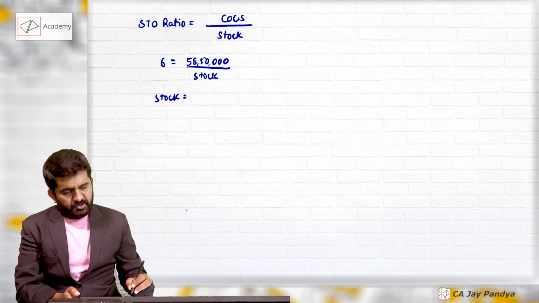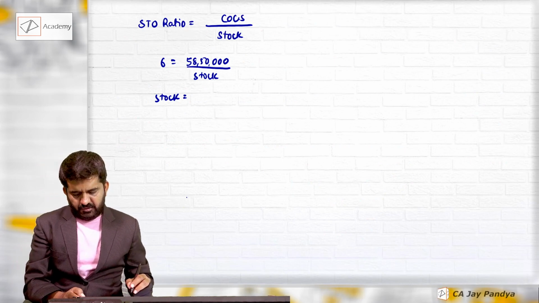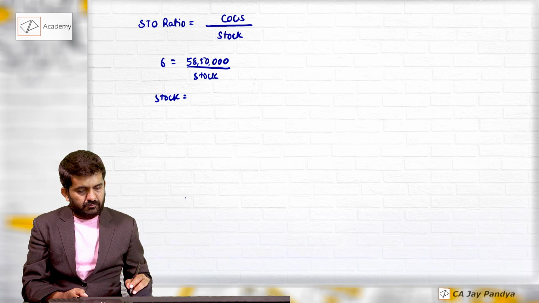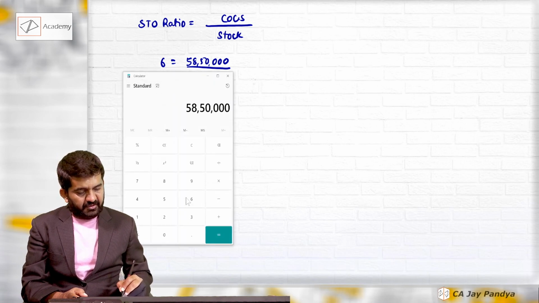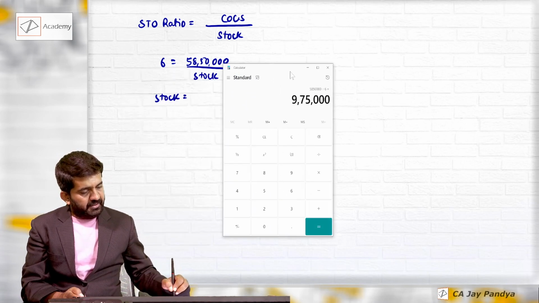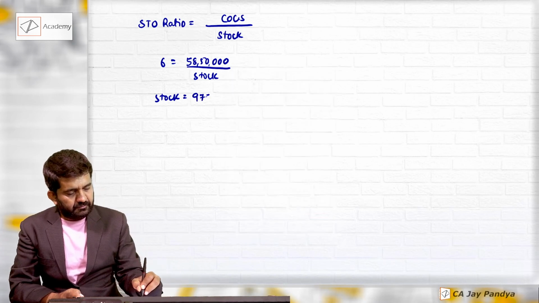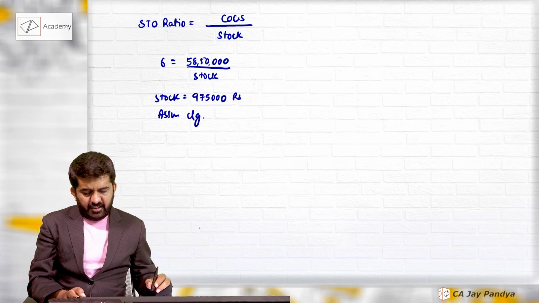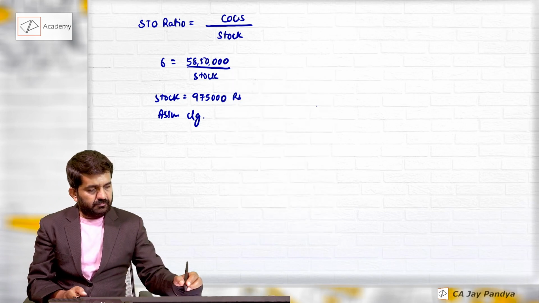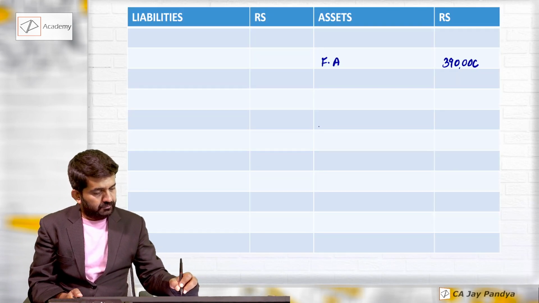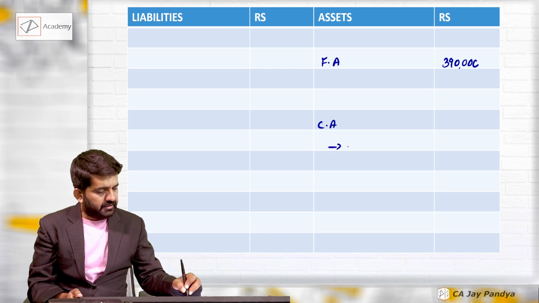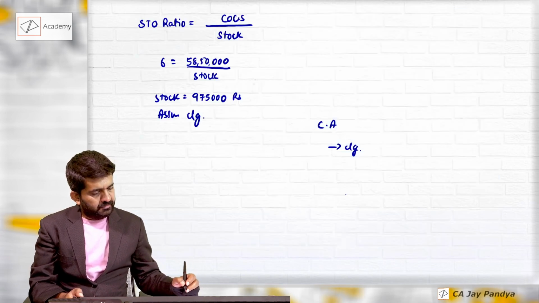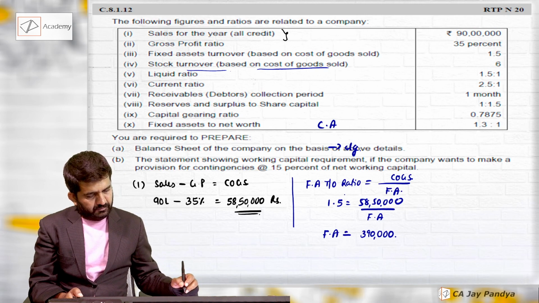So I'll be getting closing stock answer, which is 58,50,000 divided by 6, 9,75,000. Assumed closing stock 9,75,000. Current asset, closing stock, 9,75,000.